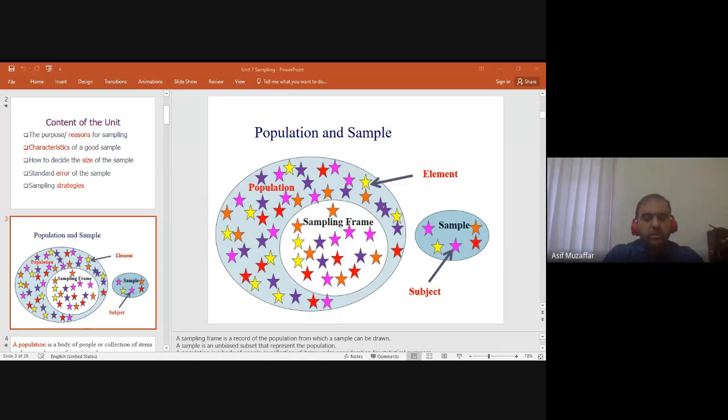So this is your population size. Can you collect data from all of them?